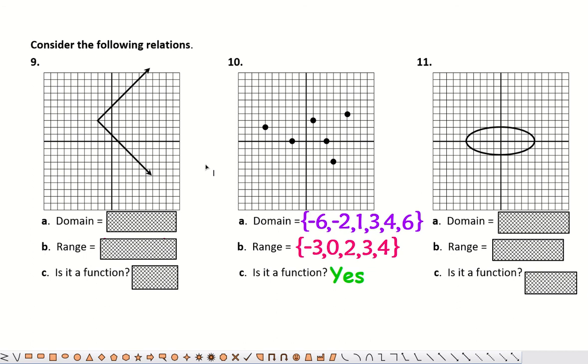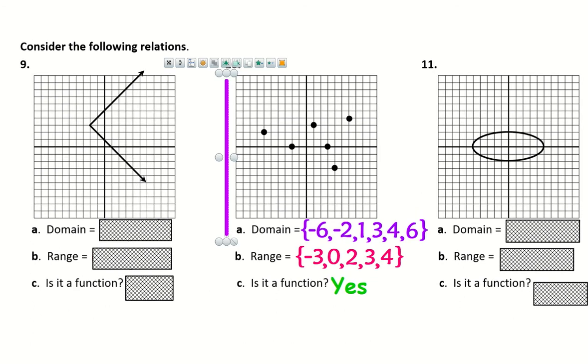Let's go with green, whatever. So remember, the vertical line test says if you can draw a vertical line anywhere or slide a vertical line across your graph, and if it only ever hits your graph once, then it passes the vertical line test.